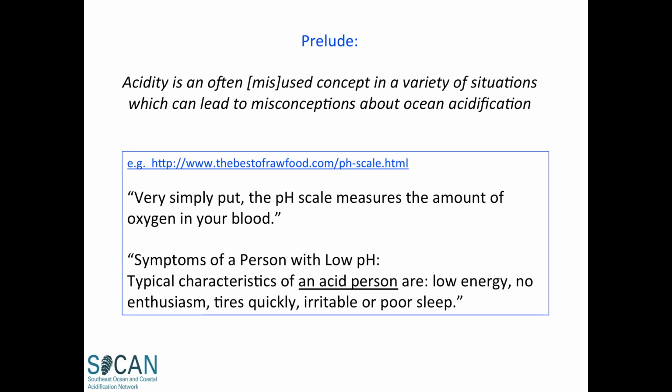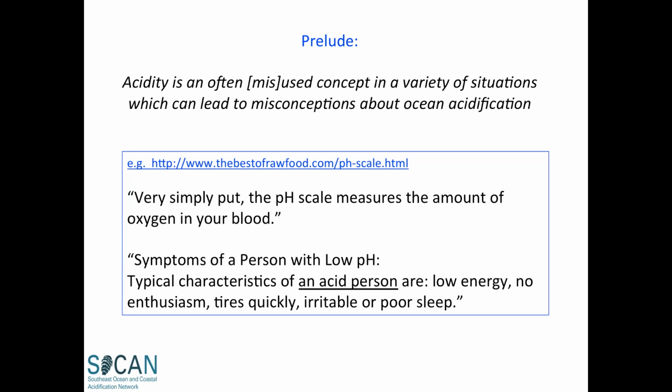Over the weekend I was Googling pH scales and came across this fairly remarkable site about best of raw foods, where obviously pH is an important thing, where they stated, very simply put, the pH scale measures the amount of oxygen in your blood. This is very simply wrong.